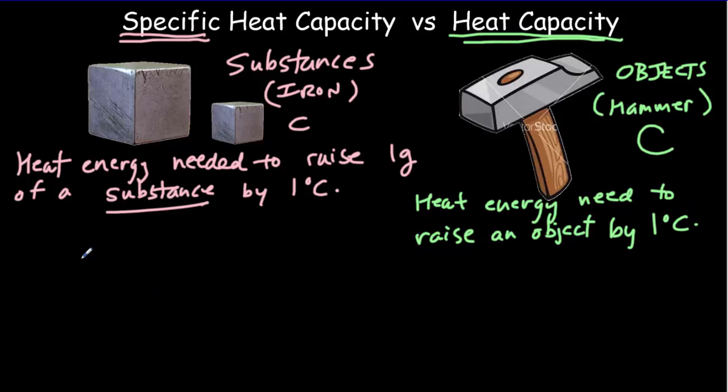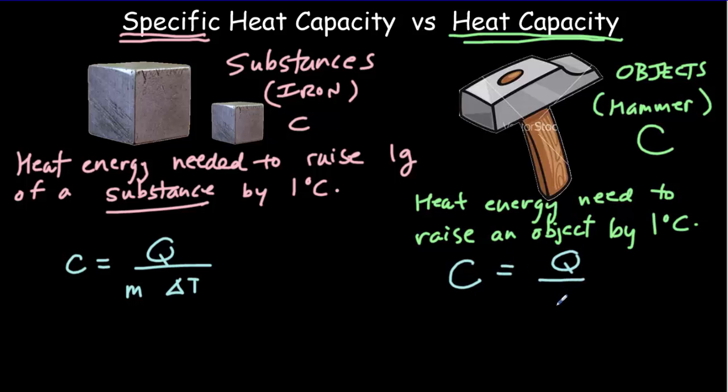So if our equation for specific heat capacity is the heat added, divided by the mass to make it per unit mass, divided by the temperature change to make it per 1 degree, then our equation for the heat capacity, the big C, is just the amount of heat needed acting on that object, whatever its mass is, to raise its temperature by 1 degree.